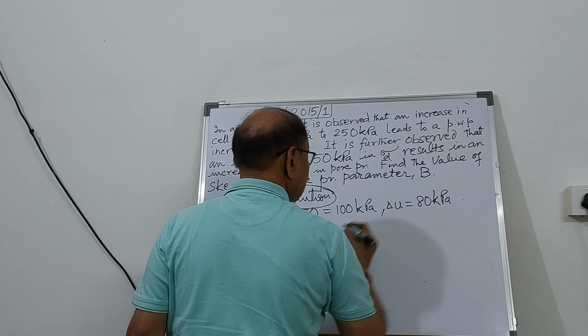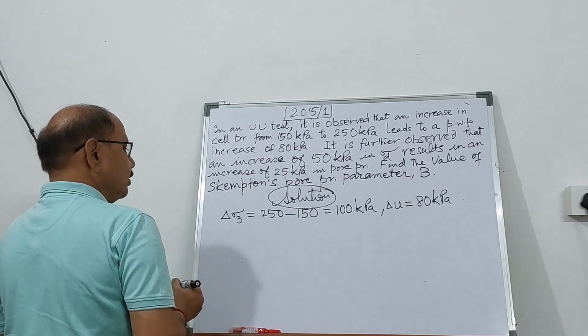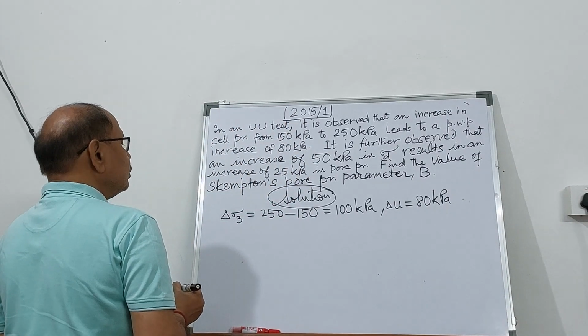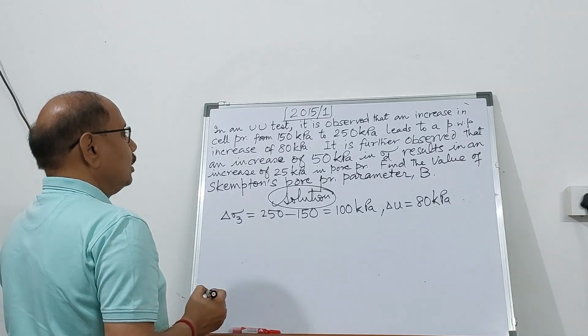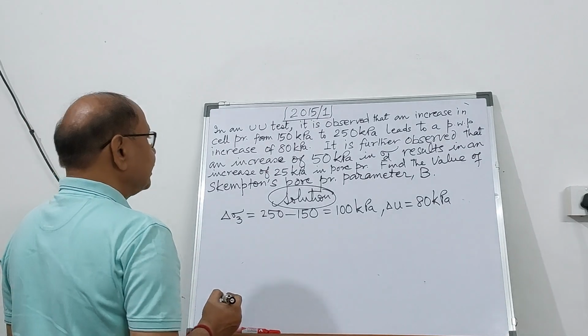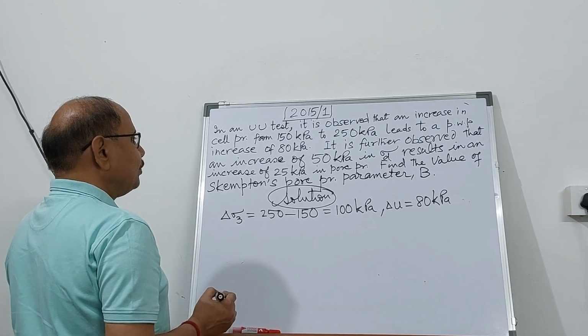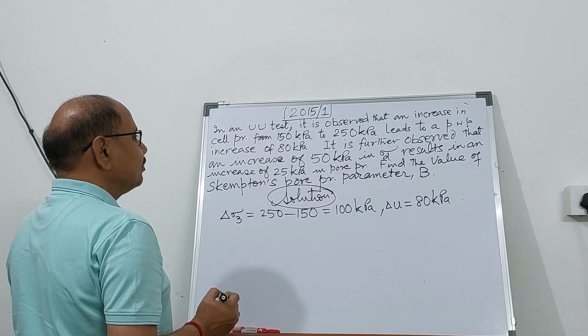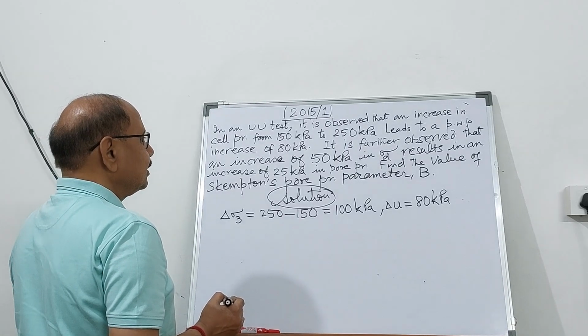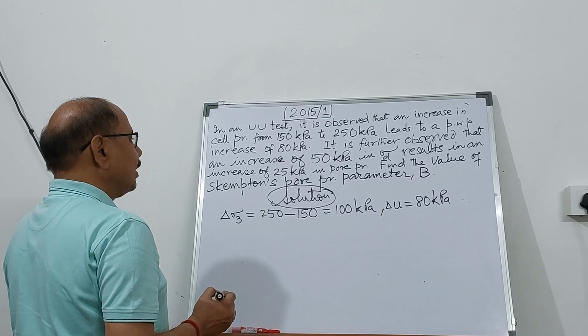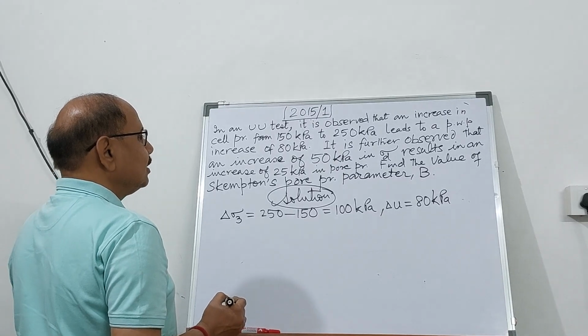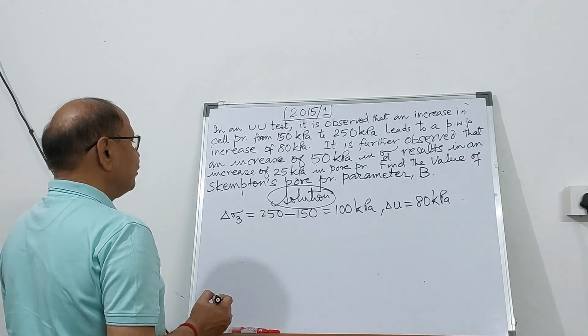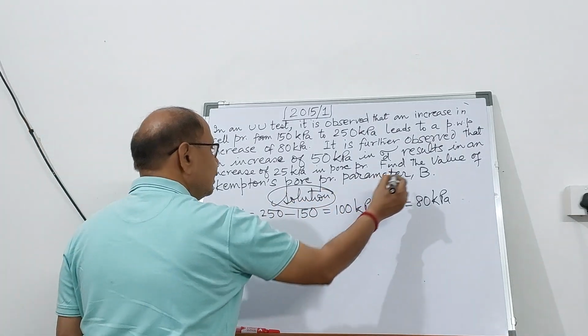So delta U is also known to you. It is further observed that an increase of 50 kilopascal in sigma d results in an increase of 25 kilopascal in pore pressure. Find the value of Skempton's parameter B.